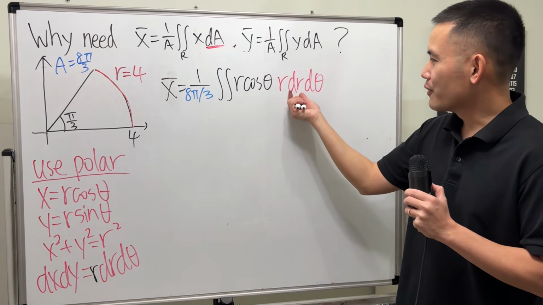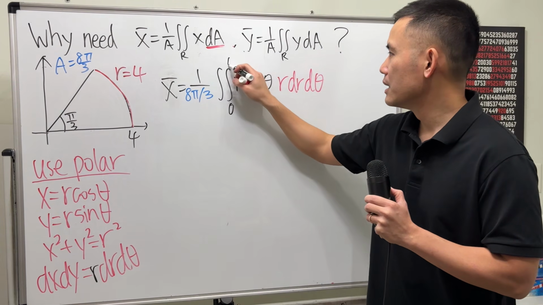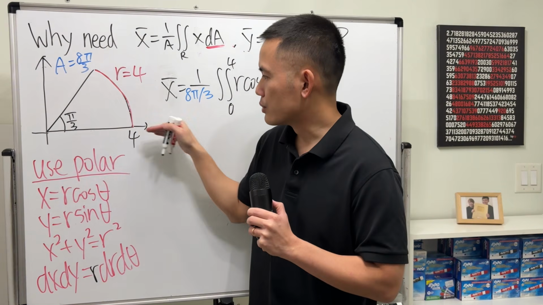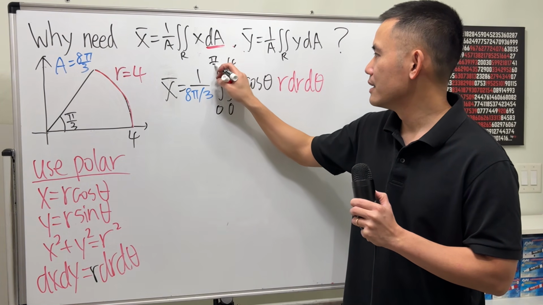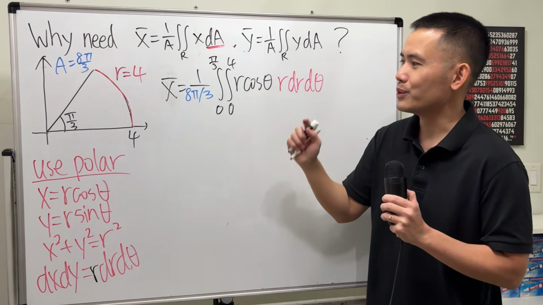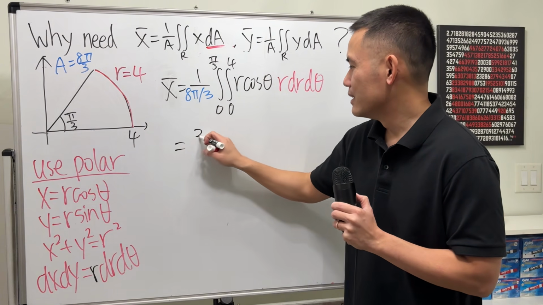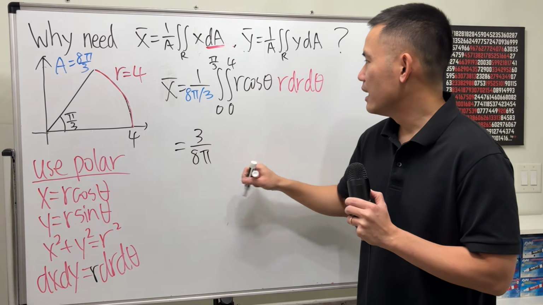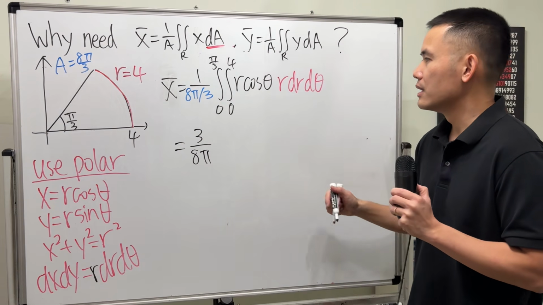Okay, do the r first. r goes from 0 to 4. Theta goes from 0 to pi over 3. This is a much easier integral to compute compared to if you want to use the rectangular method. All right, this is 3 over 8 pi. And notice right here, we can actually separate this into two single integrals.